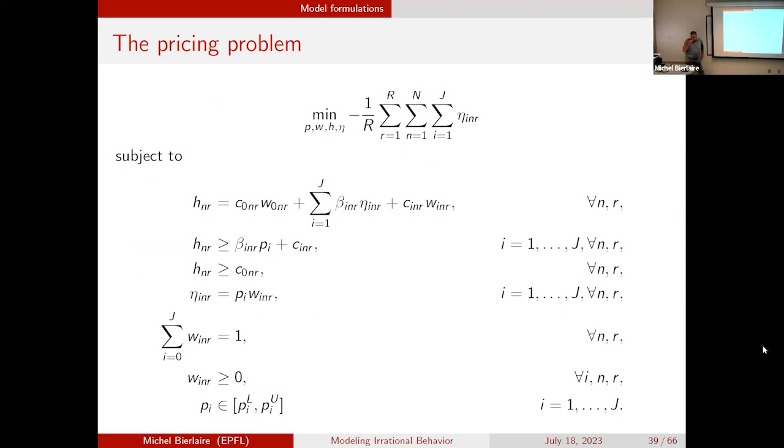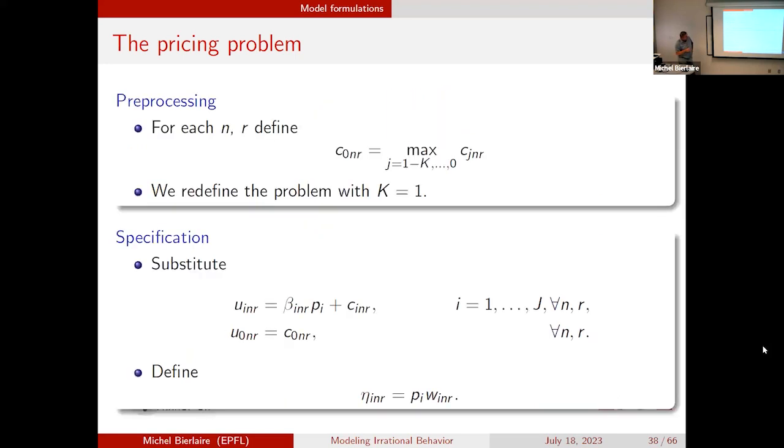Yep. I have a small question. Is the number of N and R sufficiently small so that you can compute C0nr beforehand, the maximum value for the opt-out option, or do you have to do it inside the optimization? Okay. This is beforehand because this is constant. It does not depend on P. So the rest of the market, they have made the decision.